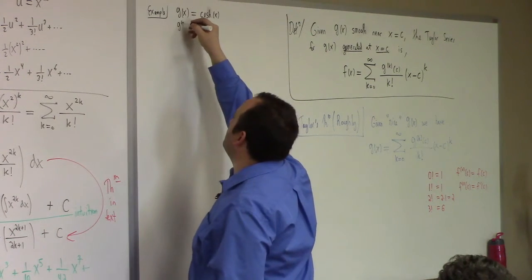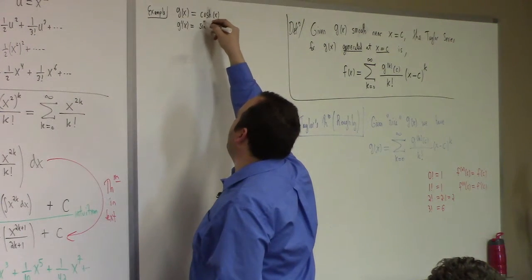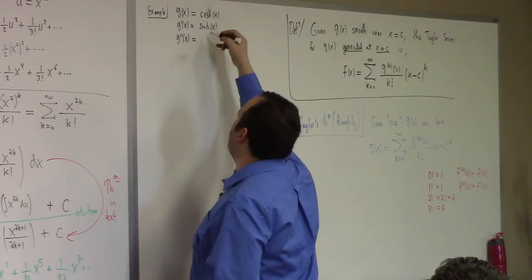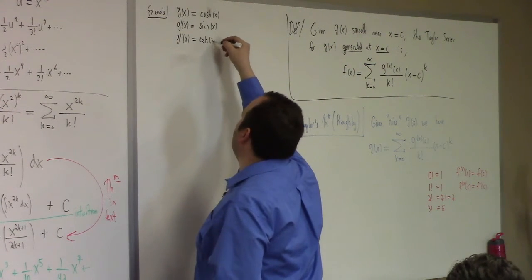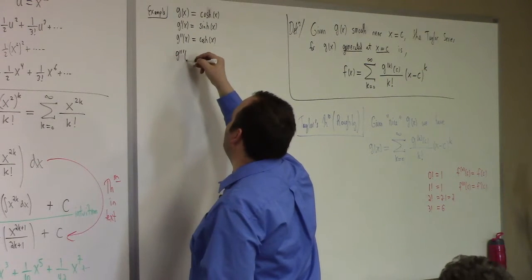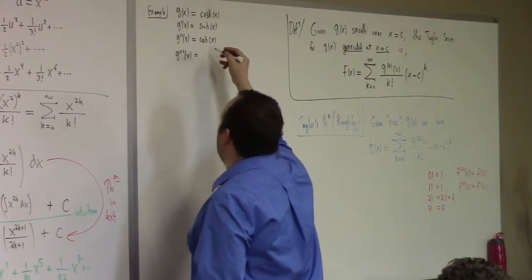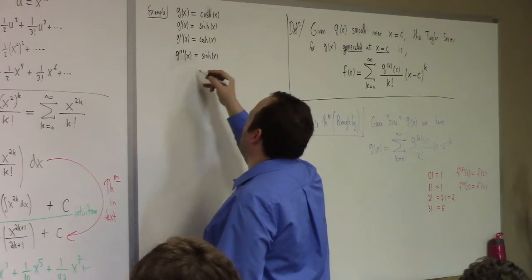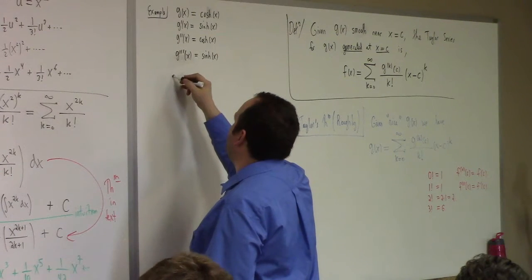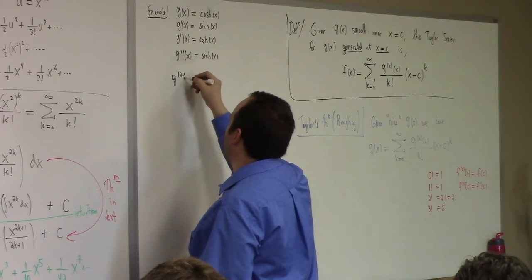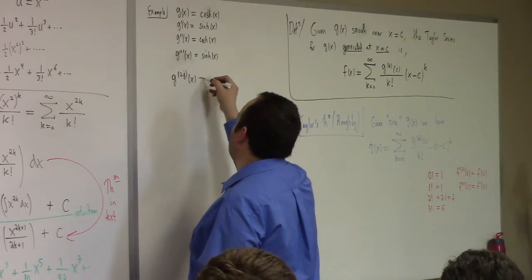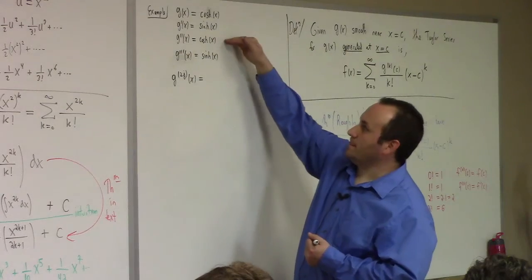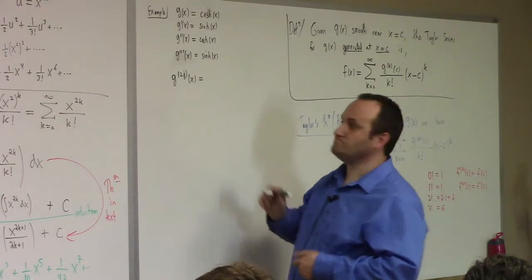So what's g prime of x? Sinh x, right? What's g double prime? What's g triple prime? Sorry. Okay, so basically you've got a pattern here, which is that if we look at the 2j-th derivative of g, we get what? Even ones come out to cosh, right?